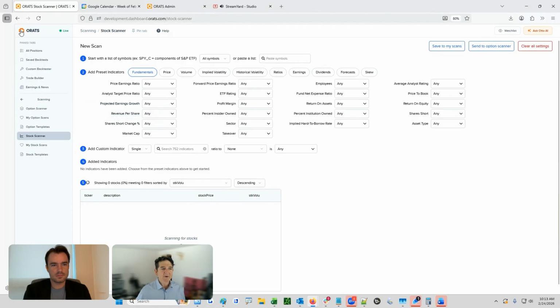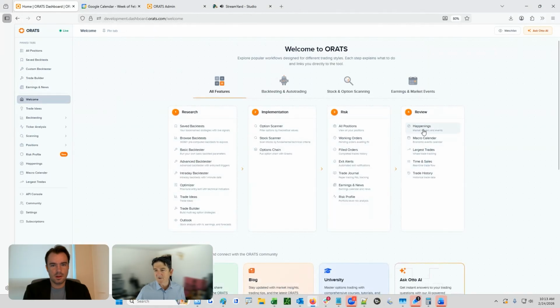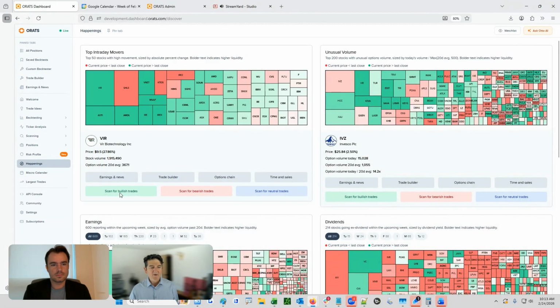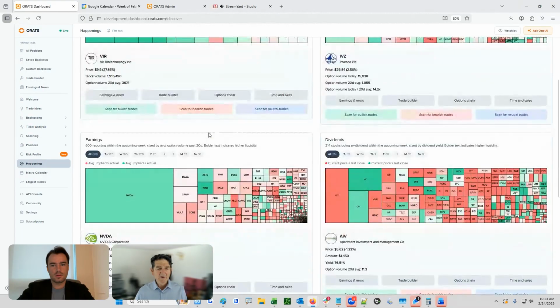Now what you could do is go and see which ones go to earnings, and look at the top intraday movers today. It's early. Then you could go down to earnings.